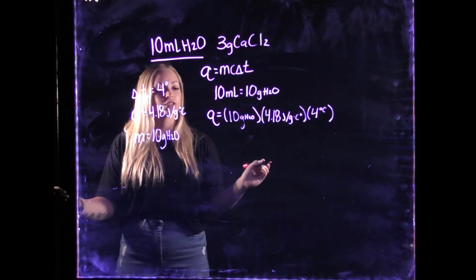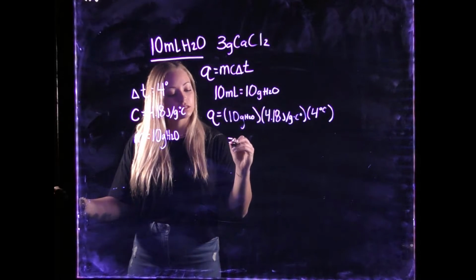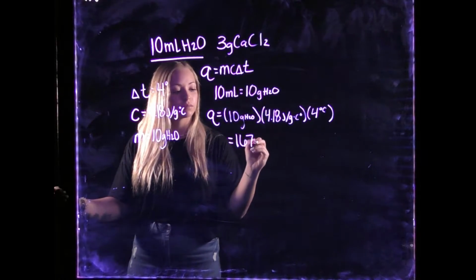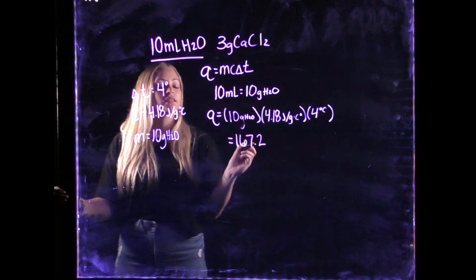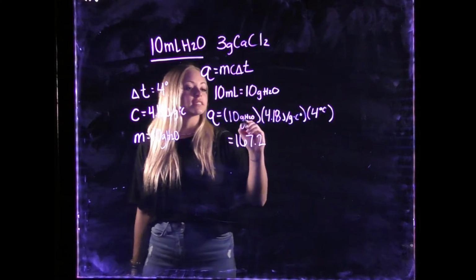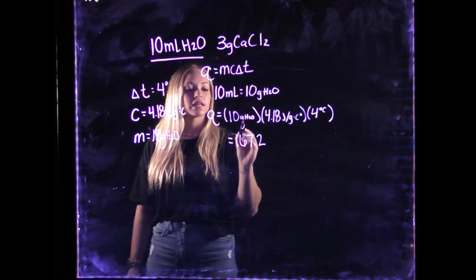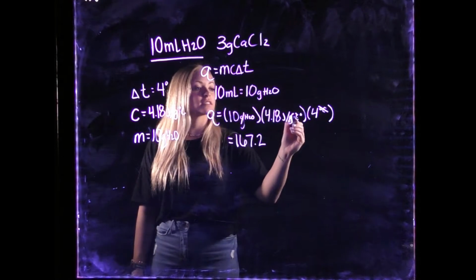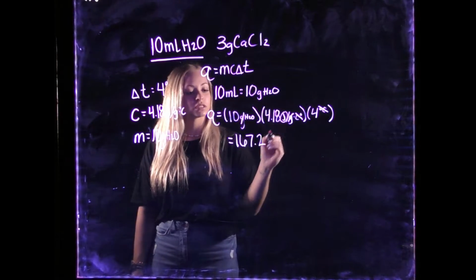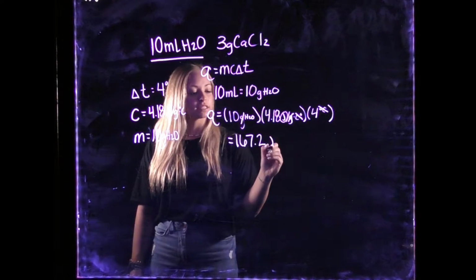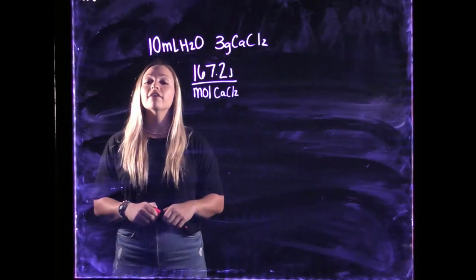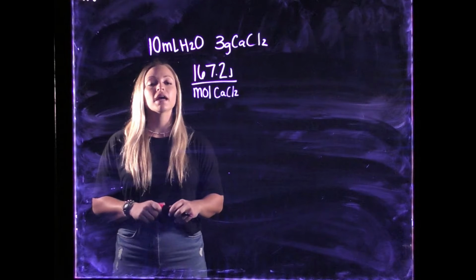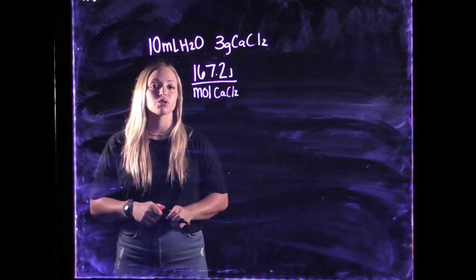So we will multiply this through and we get 167.2. Now we can figure out the units. So we see that we have grams here and grams here, so that means they cancel out. We can also cancel out degrees Celsius. So then we're left with joules. So this is 167.2 joules.